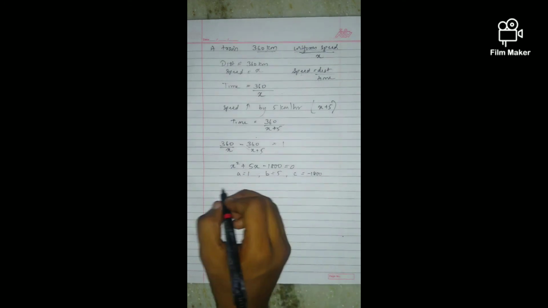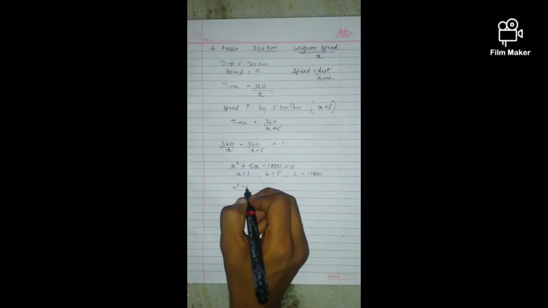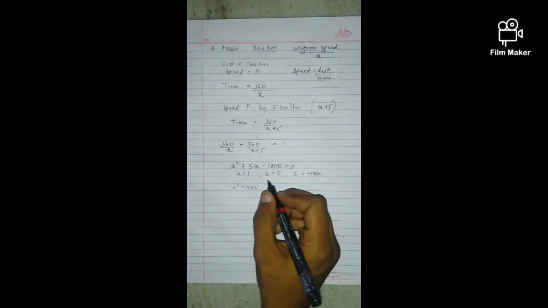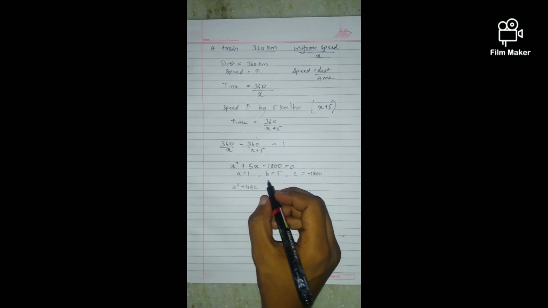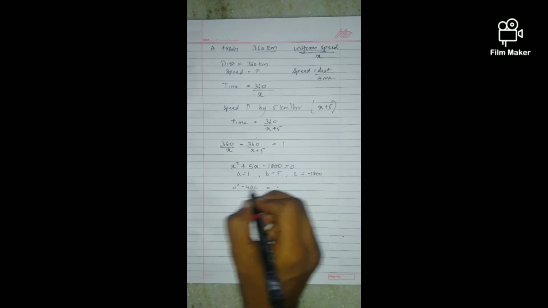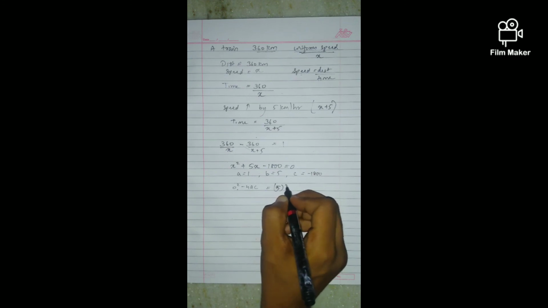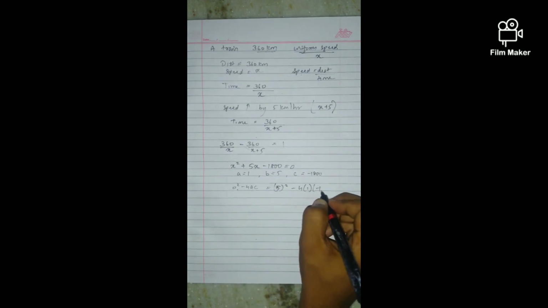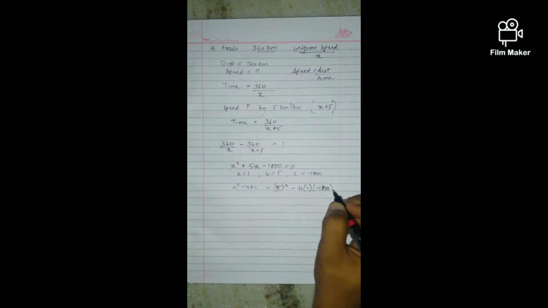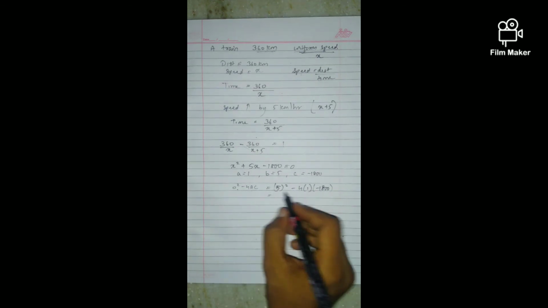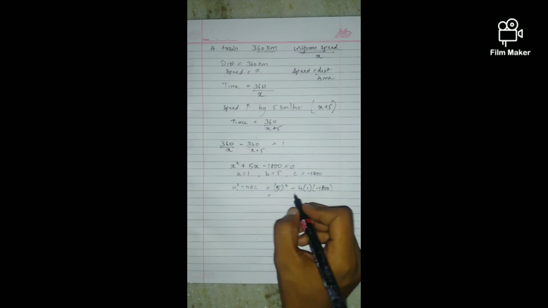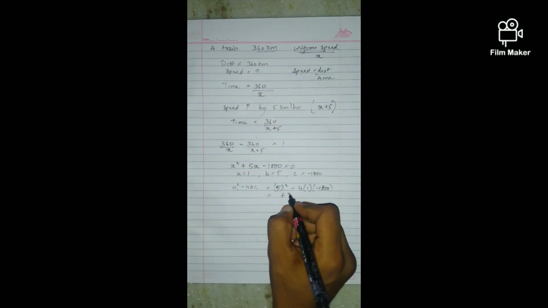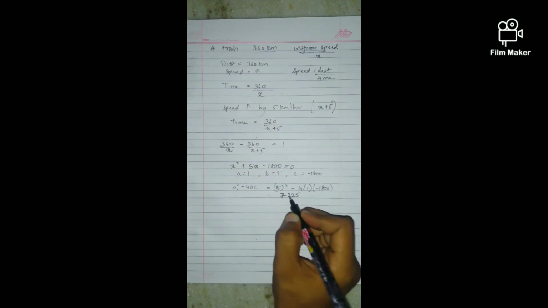Then b square minus 4ac is 5 square minus 4 times 1 times minus 1800, which is 7225, and we all know that it is more than 0.